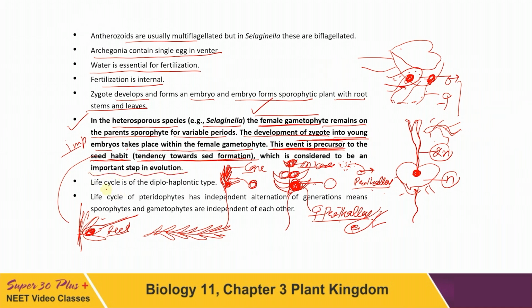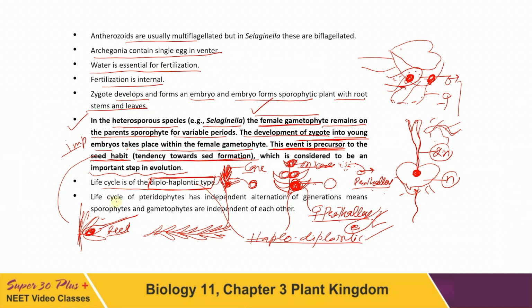Is it clear? Life cycle. In NCERT only one term is there, but here we have divided this into two. In the case of bryophytes it is one type, while for pteridophytes we generally use another type of life cycle.